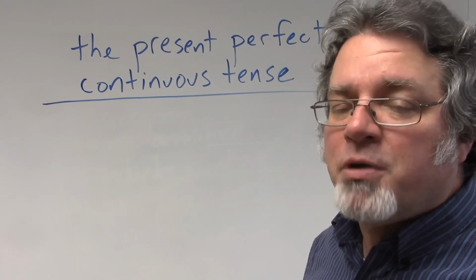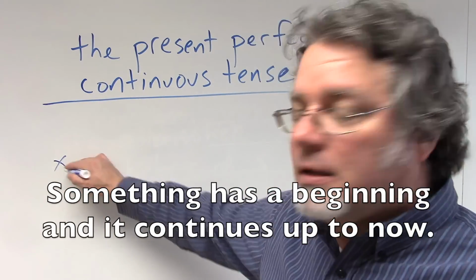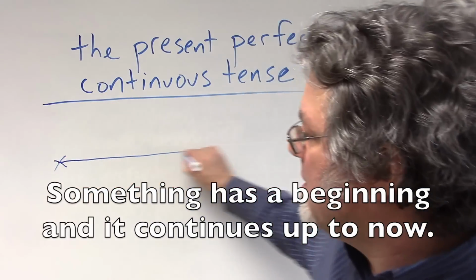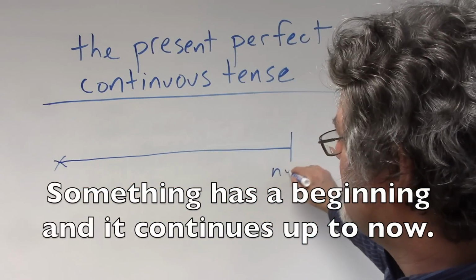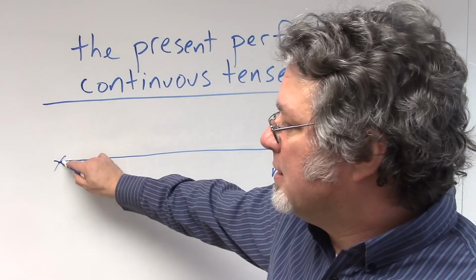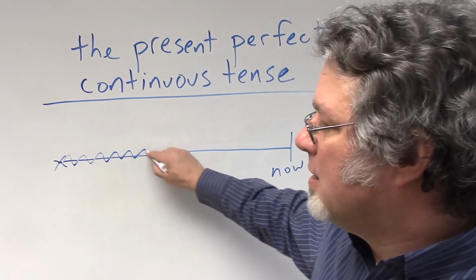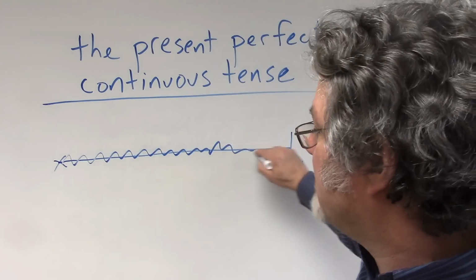In the present perfect continuous tense, something has a beginning and it continues up to now. So there's a beginning point and then now, and whatever the activity is continues without stopping.